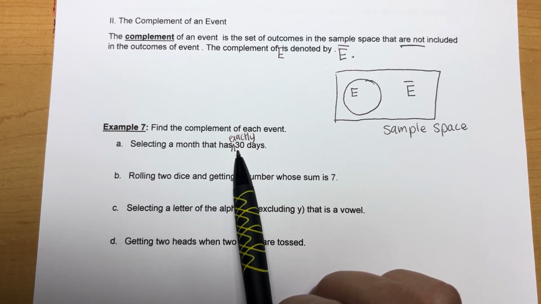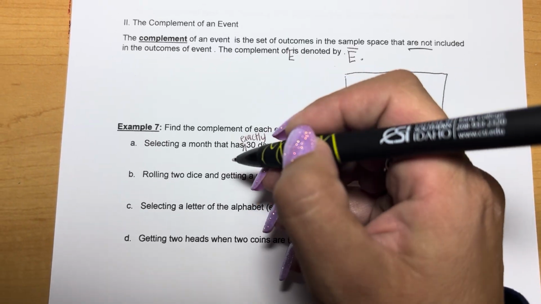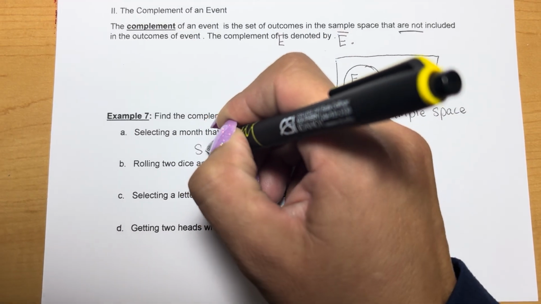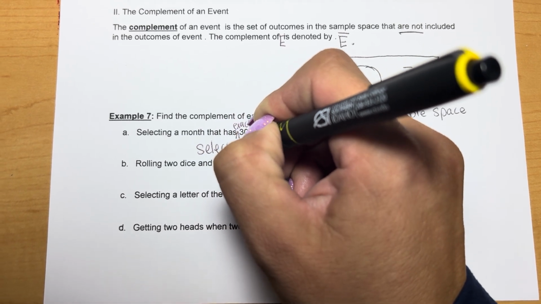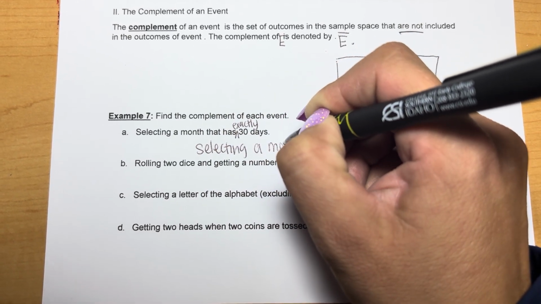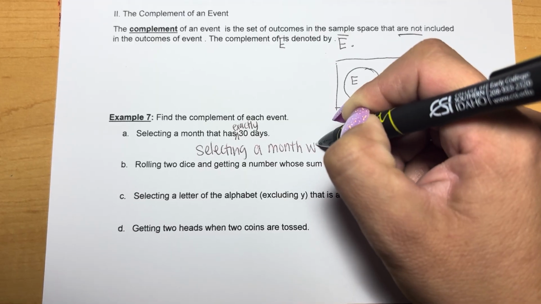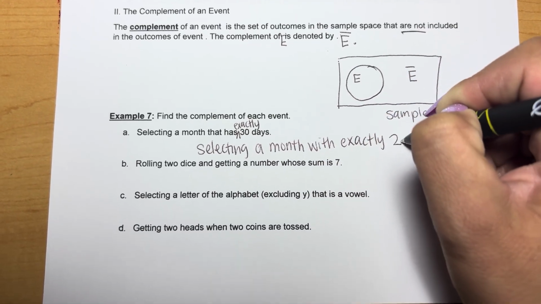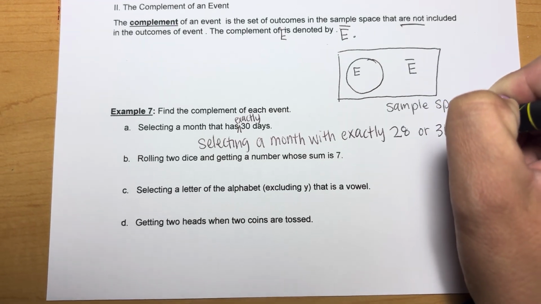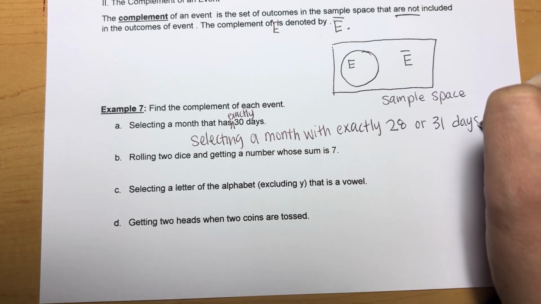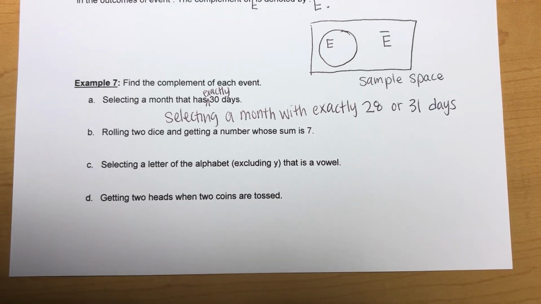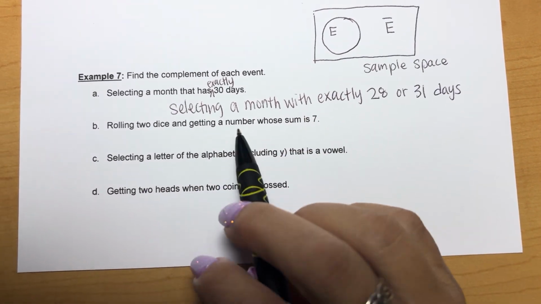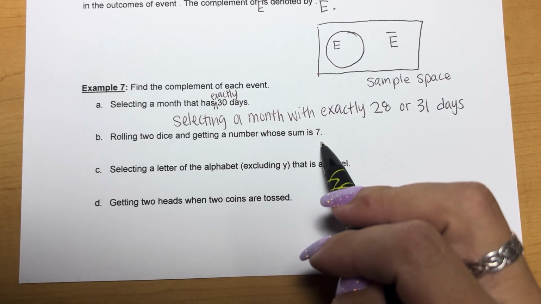But if we want exactly 30 days, the complement would be selecting a month with exactly 28 or 31 days. We're going to ignore leap year because it doesn't happen enough. All right. So finding the complement, rolling 2 dice and getting a number whose sum is 7.